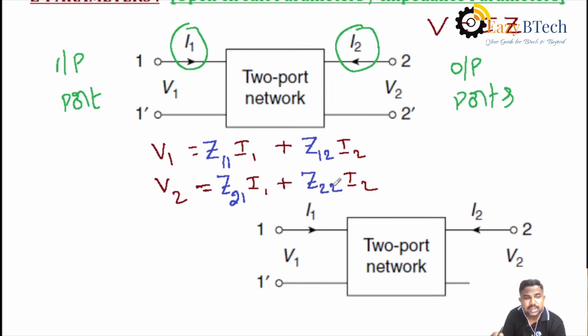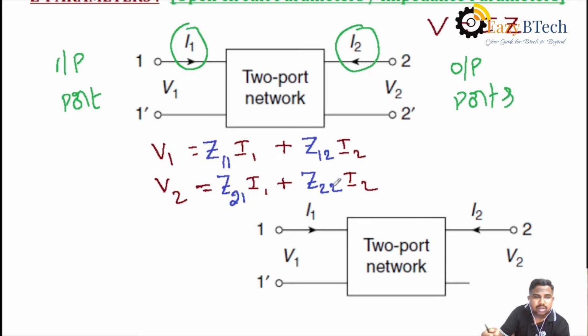So these are called the general equations of the Z parameters. In the given circuit problems also, you can derive the equations in terms of V1 and V2, with all equations in terms of I1, I2. Then compare the coefficients of I1 and I2 with the general equations, and you will get the values of Z11, Z12, Z21 and Z22.